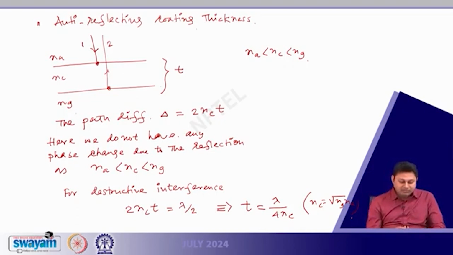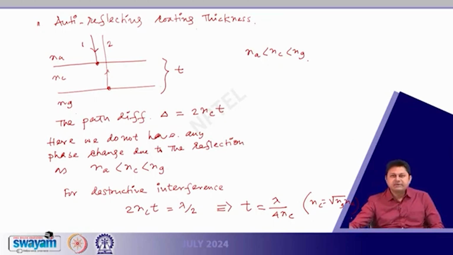So, here we calculate that if I use an anti-reflecting coating, what should be the refractive index of the anti-reflecting coating and what should be its thickness. But at the end of the day, what we are trying to find is that this is one of the uses we have for interference problems under amplitude division interference.